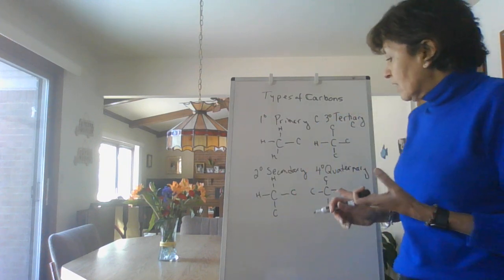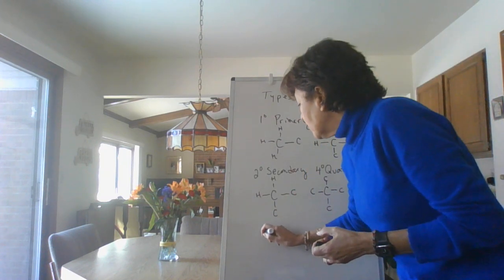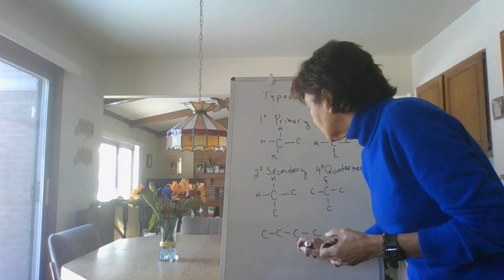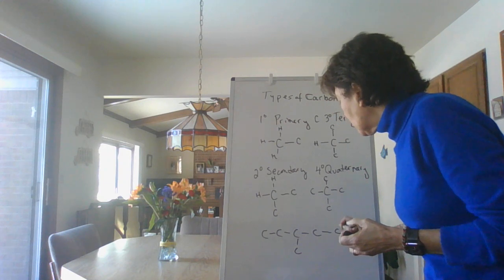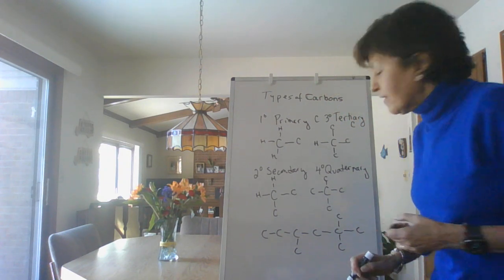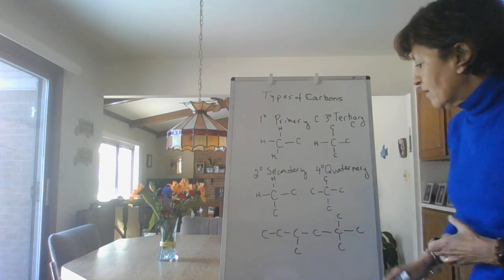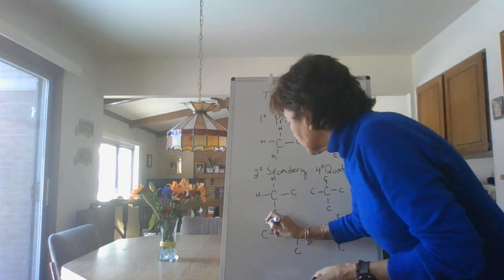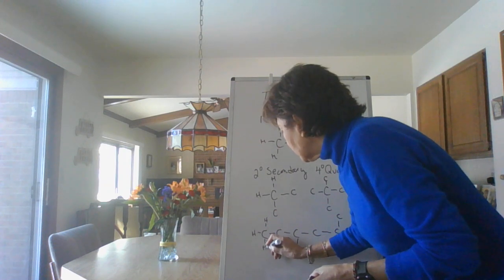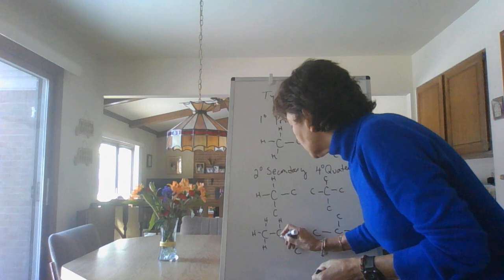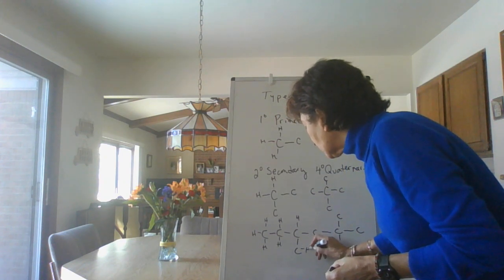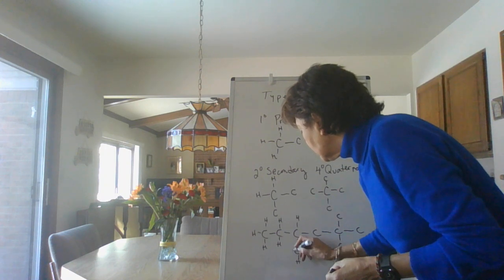So if you have a molecule that's got a bunch of carbons in it, you should be able to look at something like this. Let's say, well, actually I should probably put the hydrogens so that you can see it, okay? I love to say pretend all the hydrogens are there when I'm teaching the class, but I suppose I should not pretend.